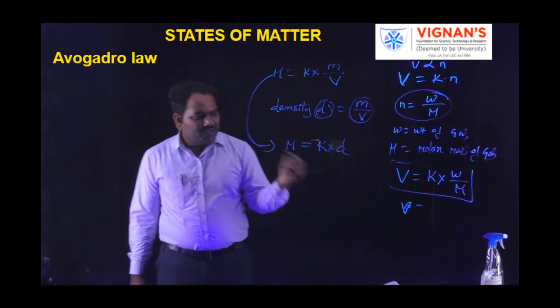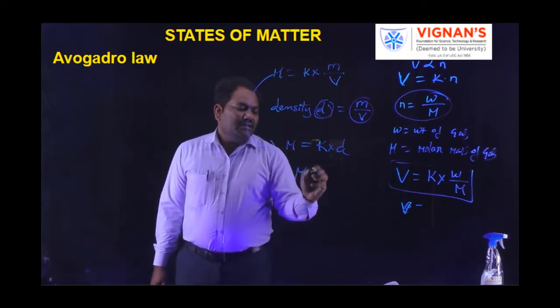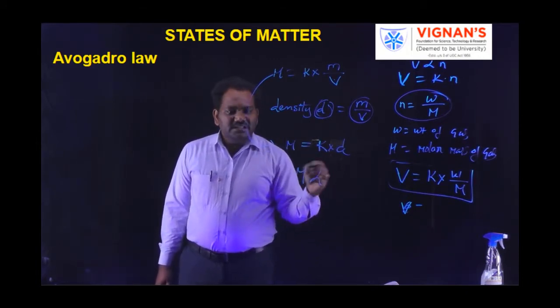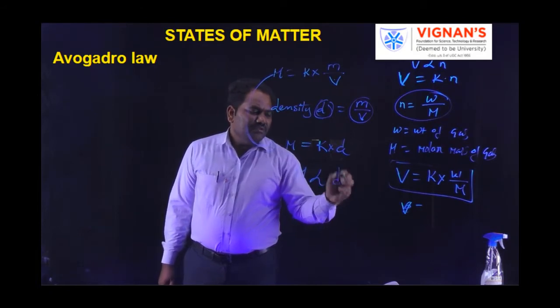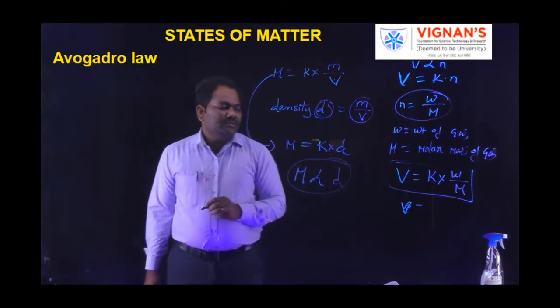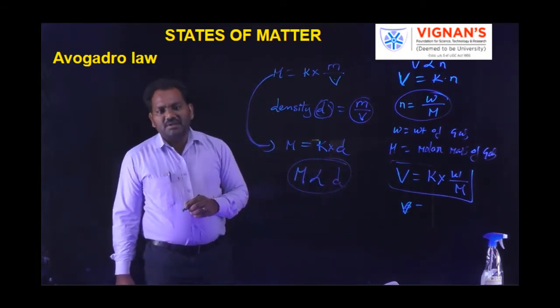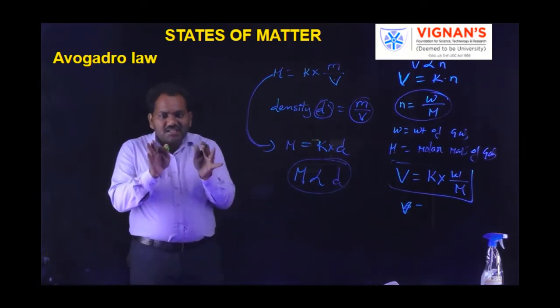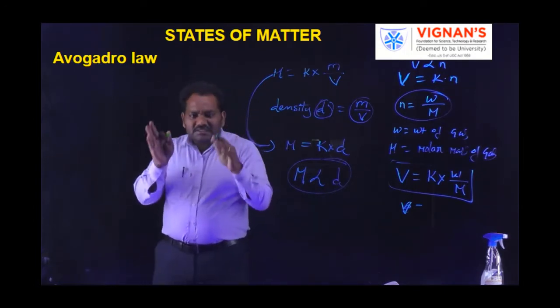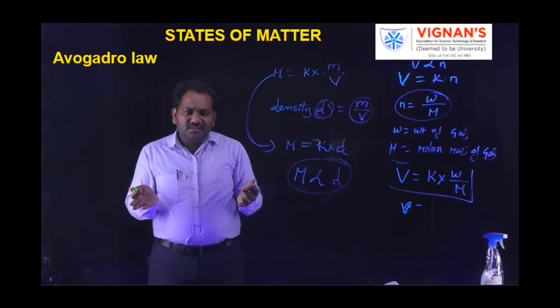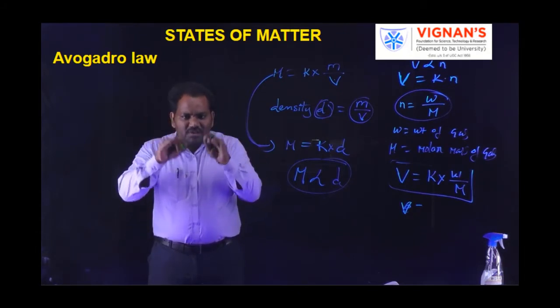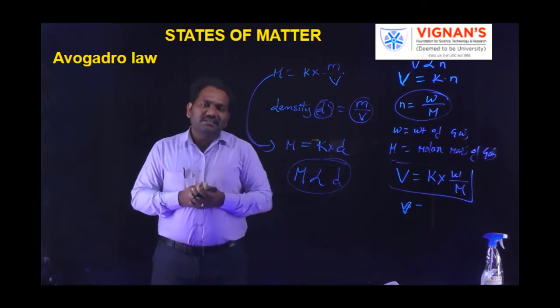From this, we know that the density of a gas is directly proportional to its molar mass. A gas which has more molar mass has more density, and a gas which has less molar mass has less density.